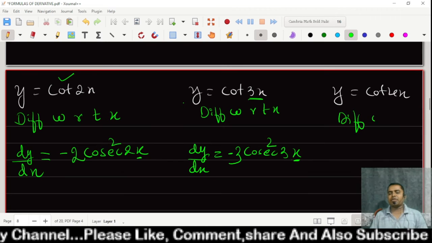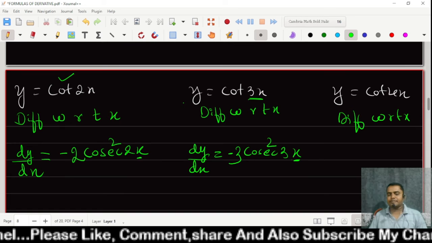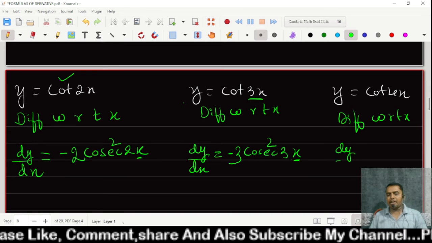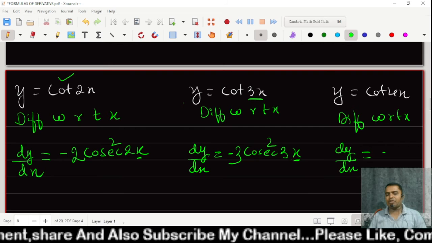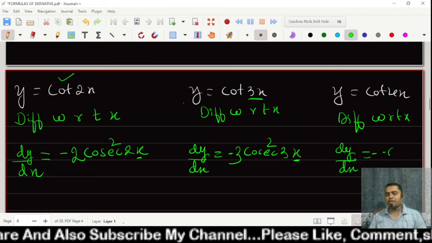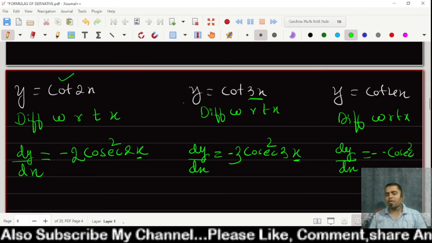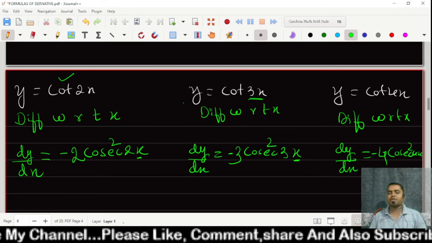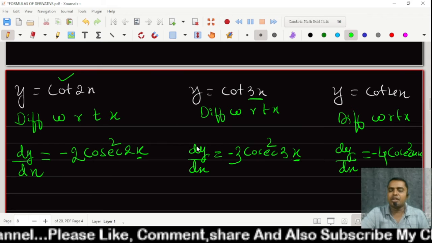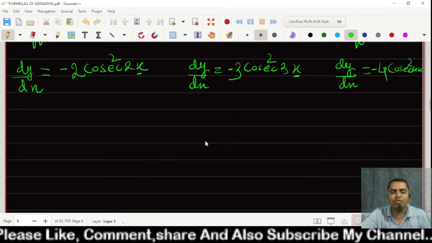Next, dy by dx. Derivative of cot is minus cosec square, right here minus sign, cosec square 4x. Derivative of x is 1. 1 into 4 is 4. Minus cosec square 4x into 4.